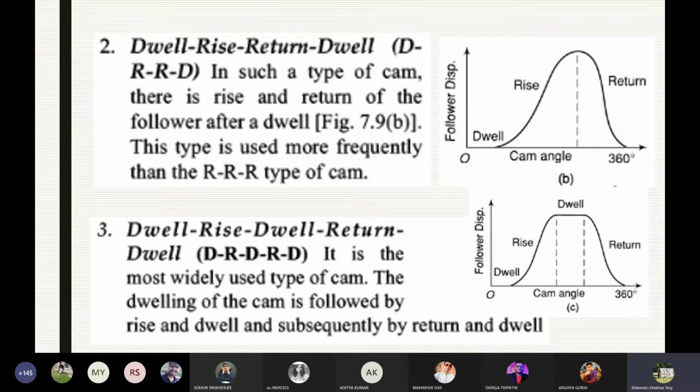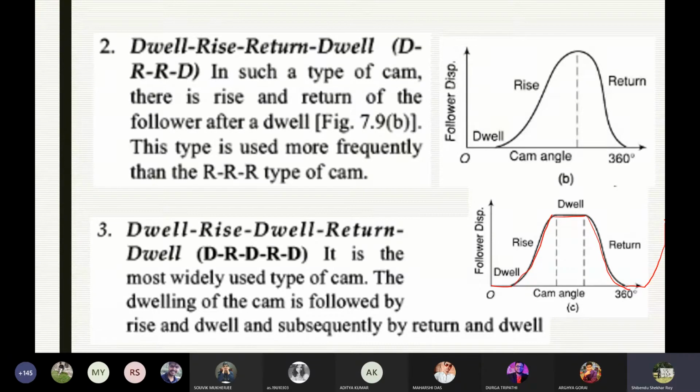The widely used one is dwell, rise, dwell, return, dwell. It depends on your application, but in the third one, the period of the dwell may be short. Then return, then again dwell, then again rise, this way.